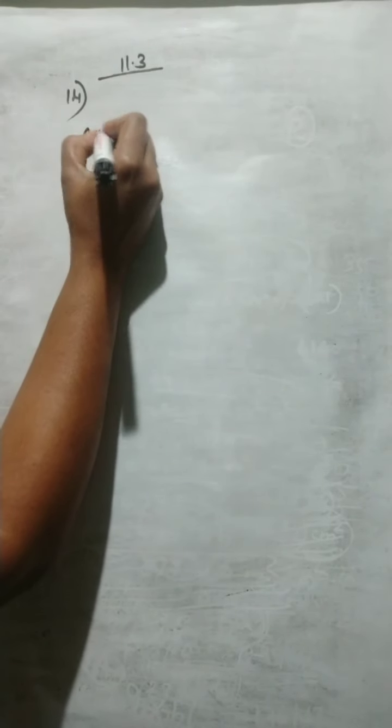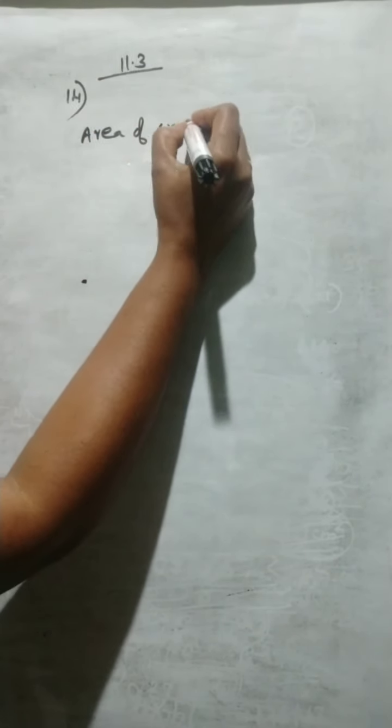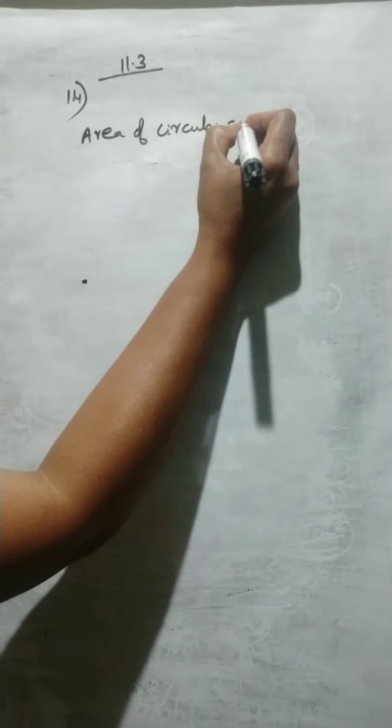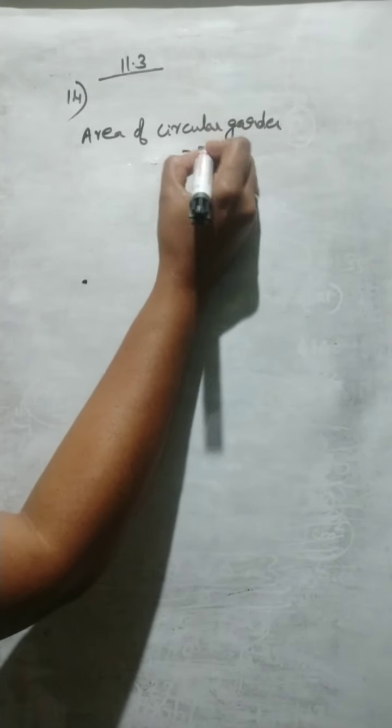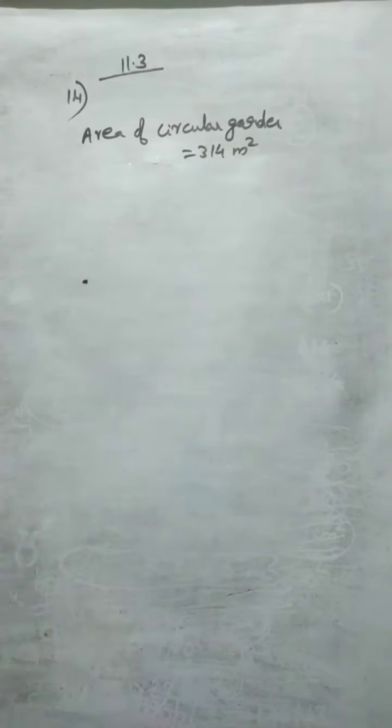A circular flower garden has an area of 314 meter square. So area of circular garden is equal to 314 meters square. Then a sprinkler at the center of the garden can cover an area.